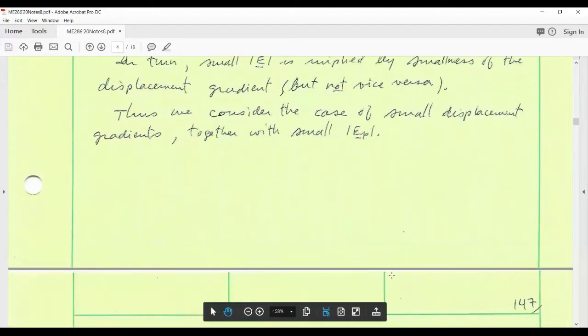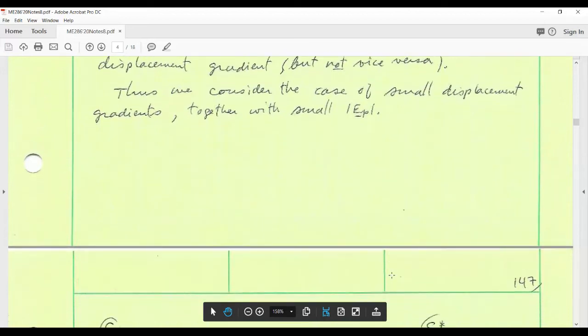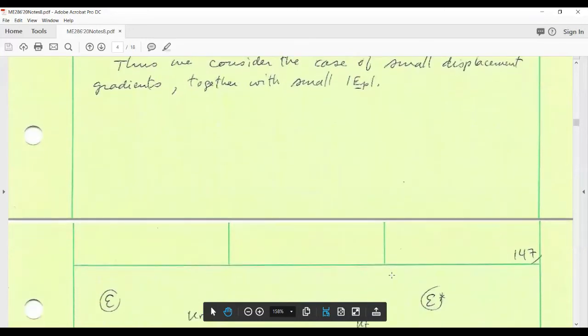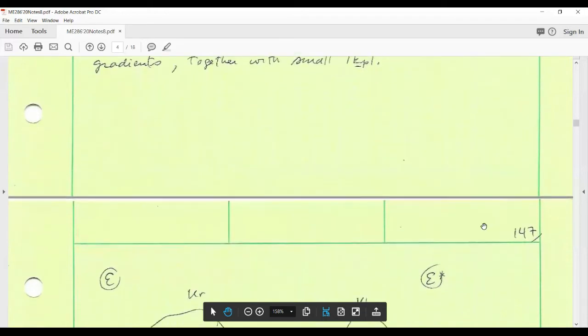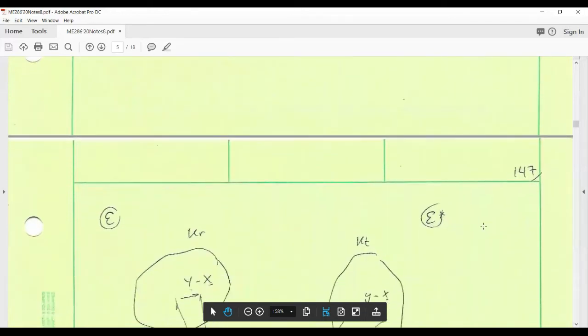Okay, and it's also of great practical importance because typically we design structures so that displacement gradients are under control. They're not large, because if they were, our structures would be very flexible. And for example, if you're designing a building or something like that, you want it to be stiff, and so the displacement gradients are typically small.